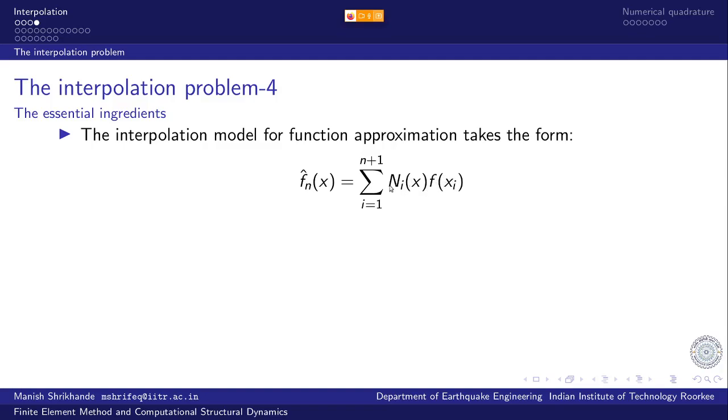So ni is some function associated with each node or data point. So this data are specified at xi, the nodes of interpolation, and for each node of interpolation, there is a specific function. Let us call it ni. The interpolation model, this hat is used to distinguish it from the real function.